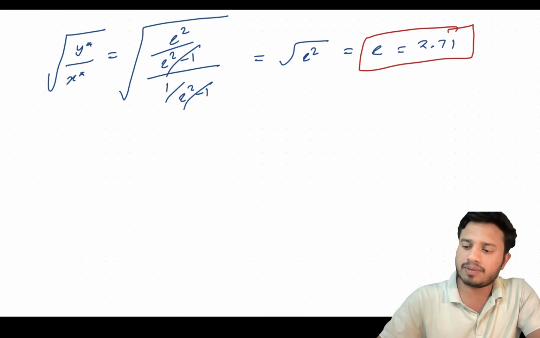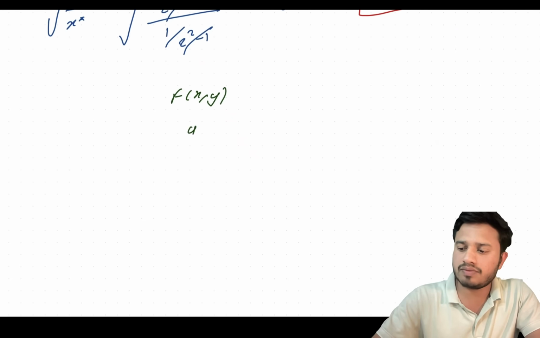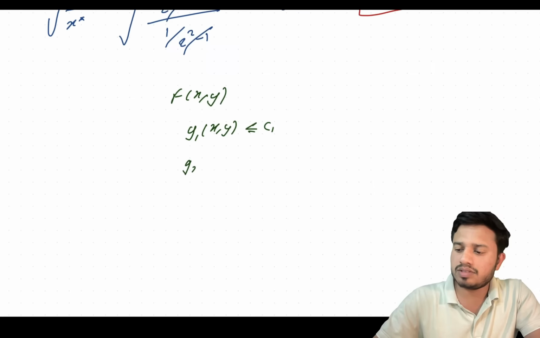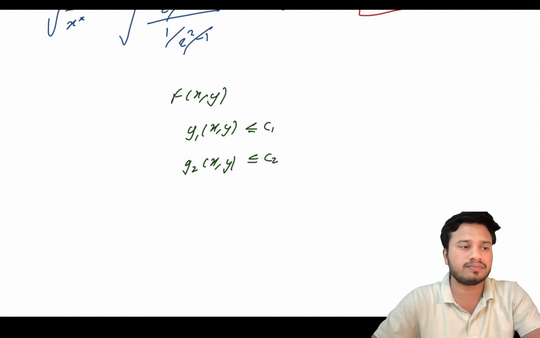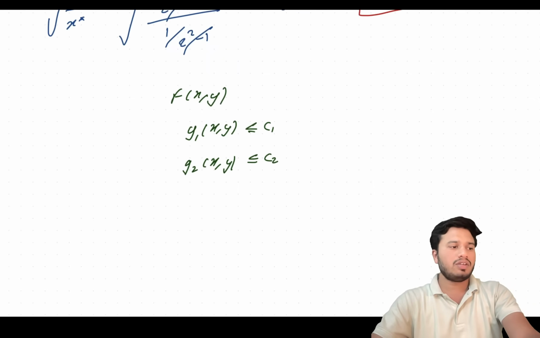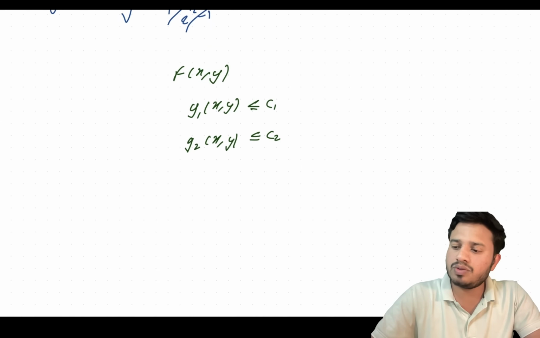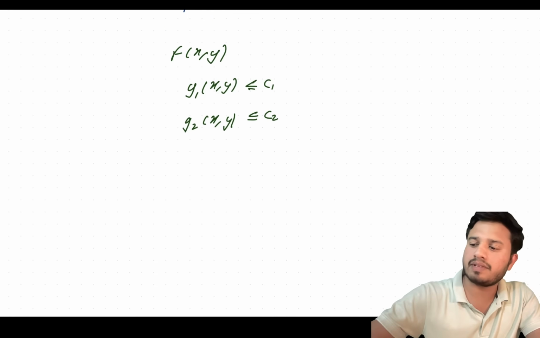Suppose, for example, the problem has a function f(x,y) and more than one constraint. These types of problems use LPP, linear programming.